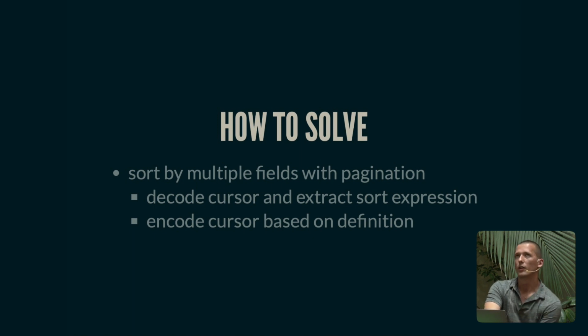One very interesting problem which I've run into is how to solve the multiple field sorting problem with pagination. So imagine that we are sorting our boxes based on creation time and then the name of the assigned person. And the problem is that since we do pagination, we have to encapsulate this information into cursors, right?